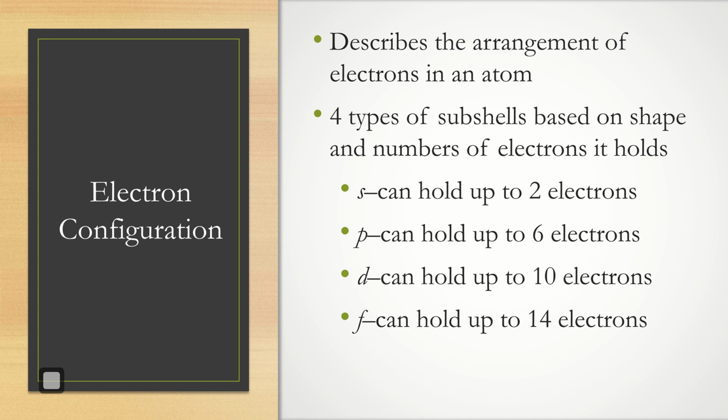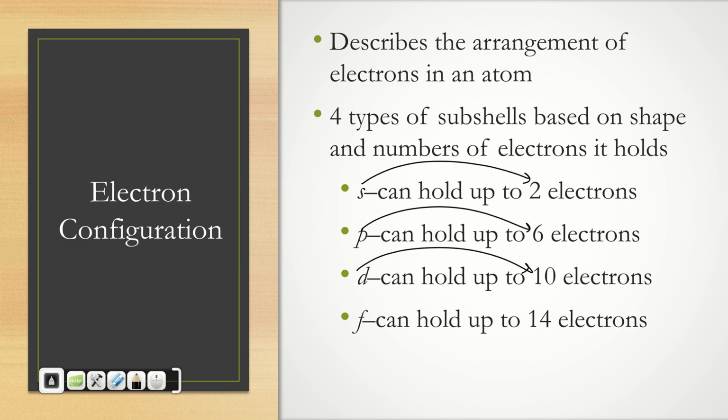If you get to higher level chemistry, you do get more detailed with how to place those electrons in those different areas. But for now, we have these four subshells, S, P, D, F. There are a specific number of electrons that I can put into those levels. This is the maximum number I can hold.